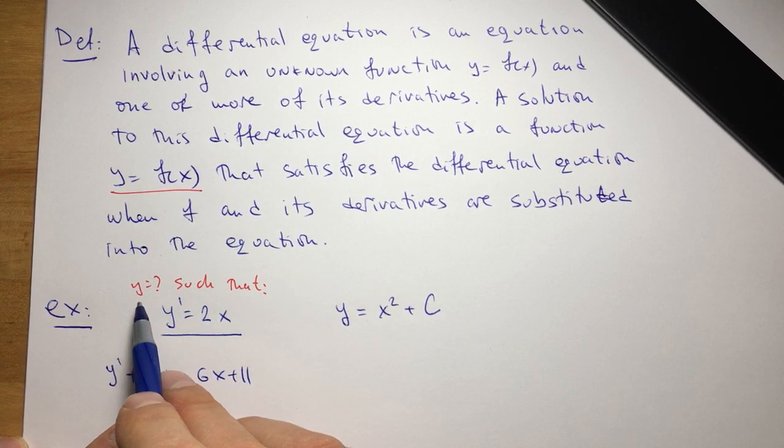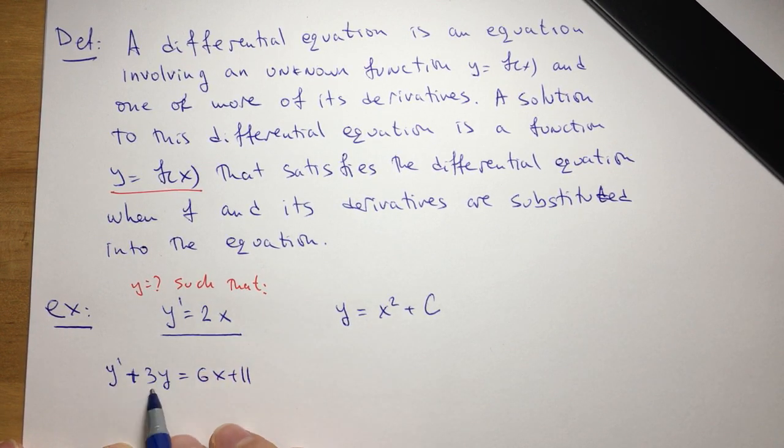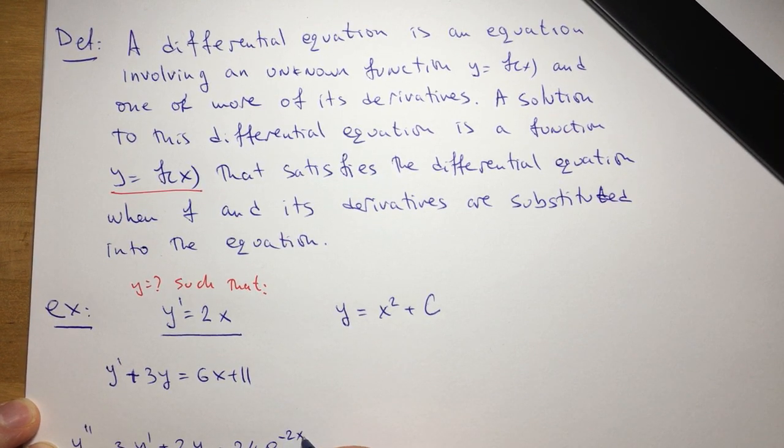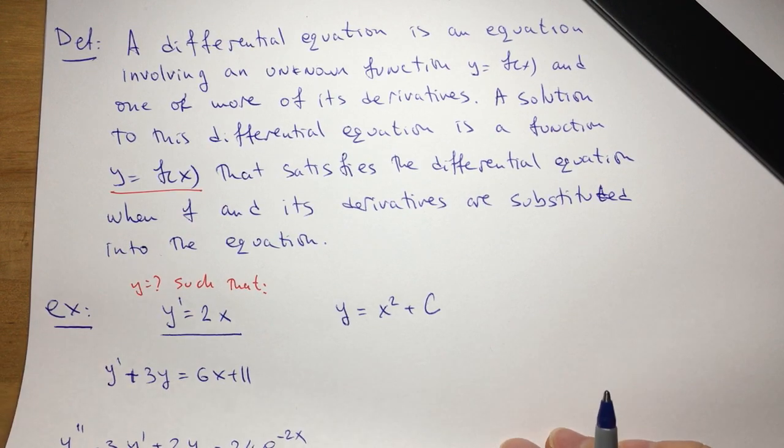So the question is, can you find y such that when you put y into this equation, you get the solution? The derivative also doesn't have to be just the first derivative. The equation can be y double prime minus 3y prime plus 2y is equal to 24 e to the power of negative 2x. Again, the question is, find y such that the second derivative minus 3 times the first derivative plus 2 times y is equal to 24 e to the power negative 2x. Okay?